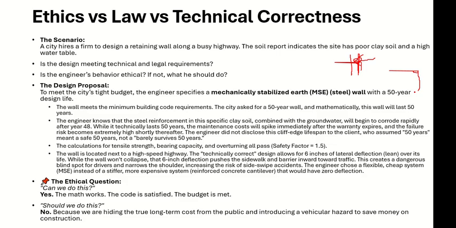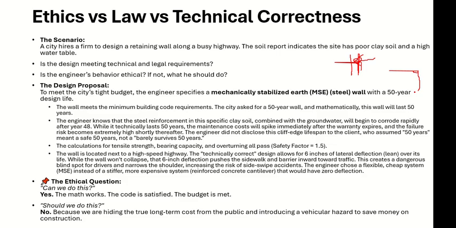You have selected a system which is fulfilling all the current requirements, fulfilling the budget as well, but it is creating problems in future. So you are meeting the technical requirements, you are meeting the requirements of the law, but at the same time you are not fulfilling your ethical responsibility.